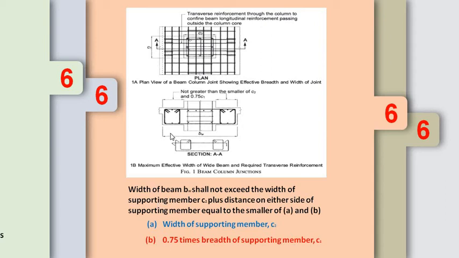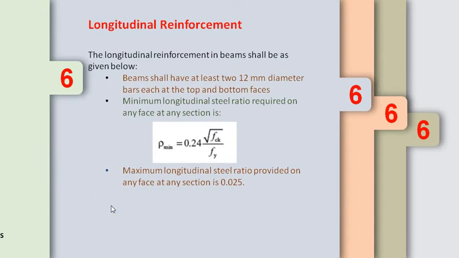Transverse reinforcement for the width of the beam that exceeds the width of the column C2 shall be provided as shown in this figure, throughout the beam span including within the beam column joint. Moving to the next part of this clause, that is longitudinal reinforcement.